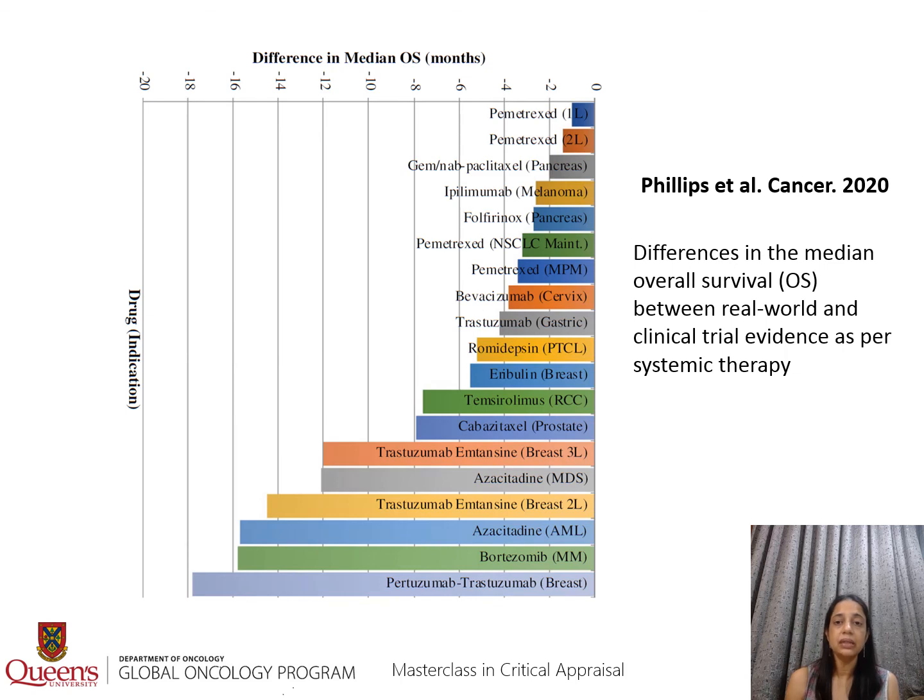In this study, they looked at differences in median overall survival between real-world data and clinical trial evidence for a variety of interventions across many indications. And what they found was that the difference in median overall survival ranged from 2 months to as much as 18 months between real-world and clinical trial data.